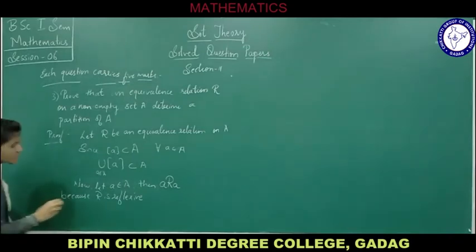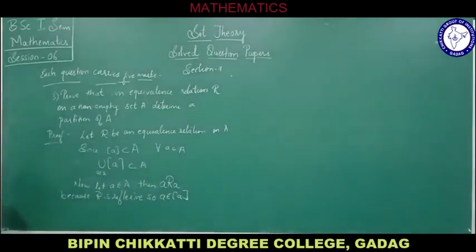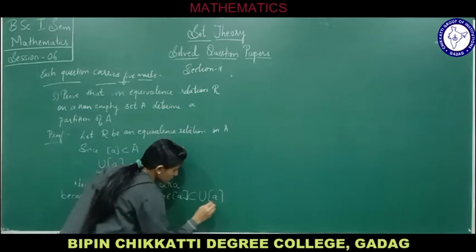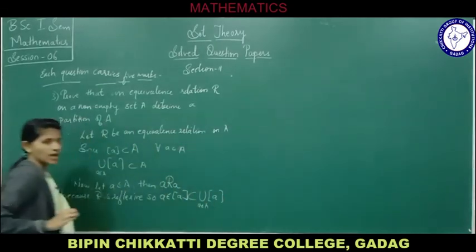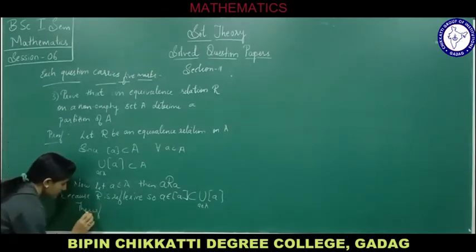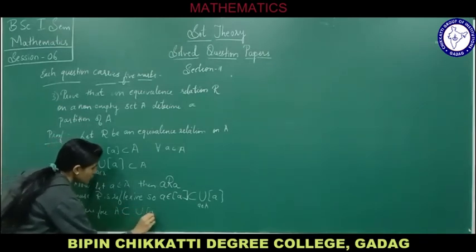So what are we going to write? It is so a belongs to this class of a. Since it is reflexive, a belongs to the class of a, which is a subset of the union of the classes. Therefore, A is a subset of the union of A, where A belongs to the collection.